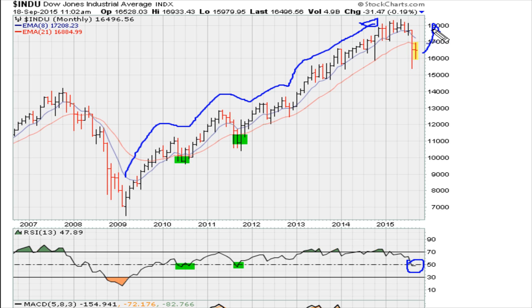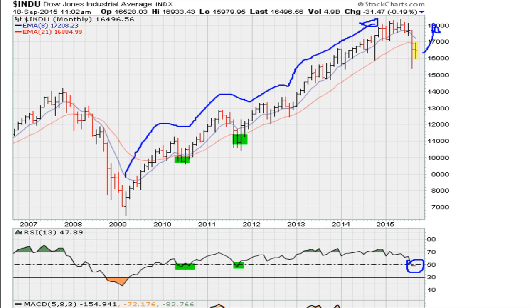So there's a fight going on between many time frames, for example the daily and the monthly that we are seeing here. So we still have to be open. If the Dow can move back above the 50 level on the monthly with uniform activity in the next month or so, then that's going to be a buy signal.